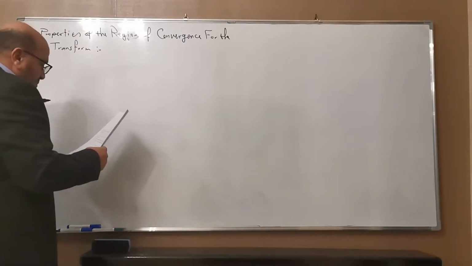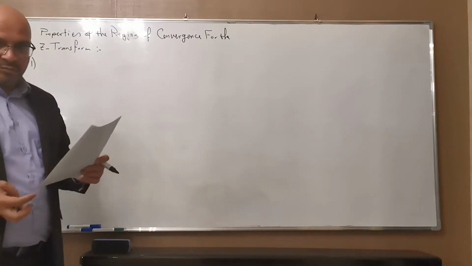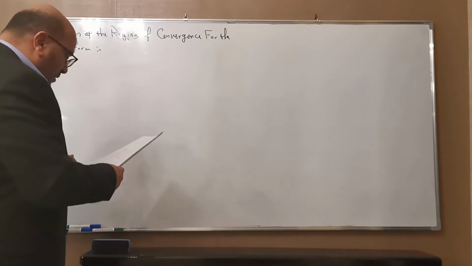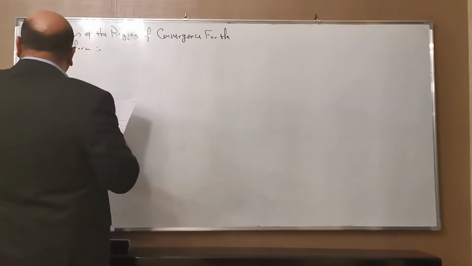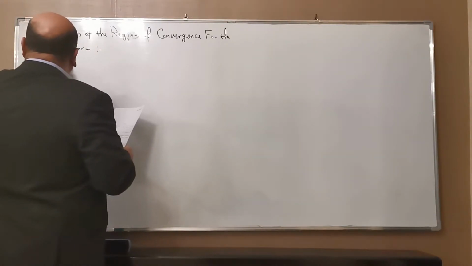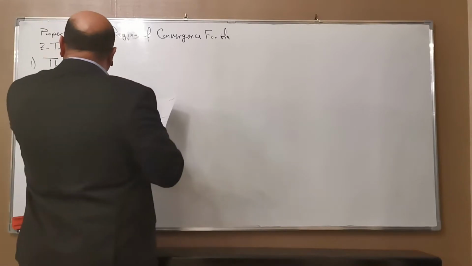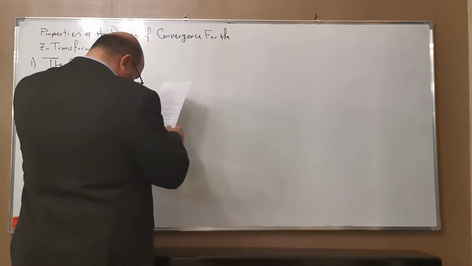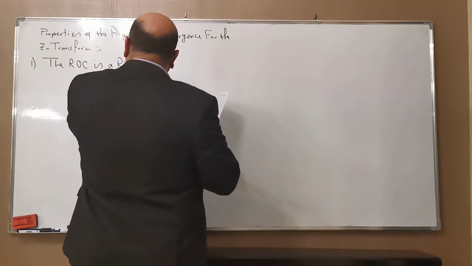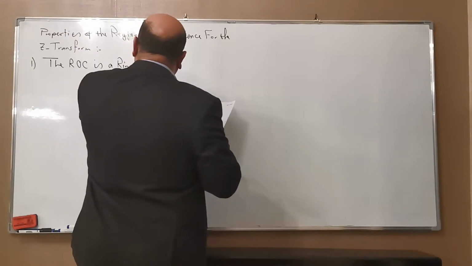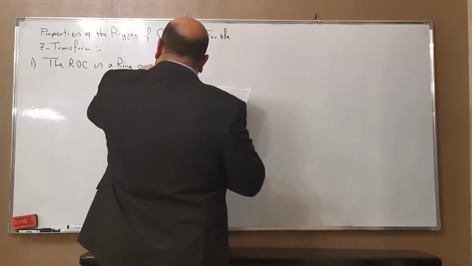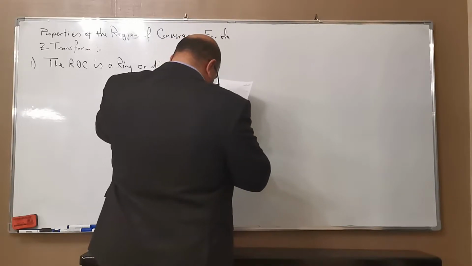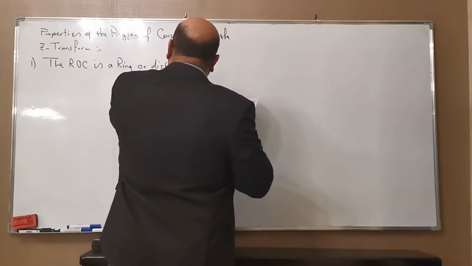اوكي، first property يمكن من المحاضرة السابقة وجدنا بعض الملاحظات على ال properties of the ROC. يعني the ROC is a ring or disk in the Z-plane.